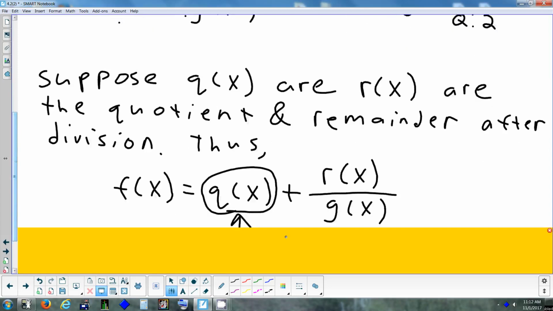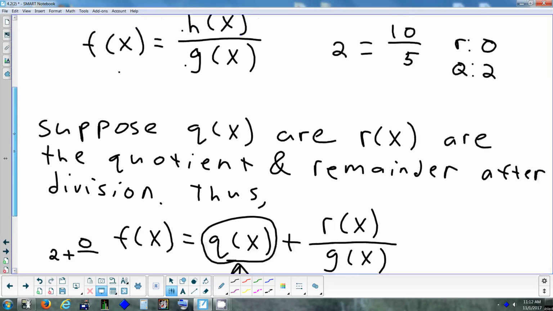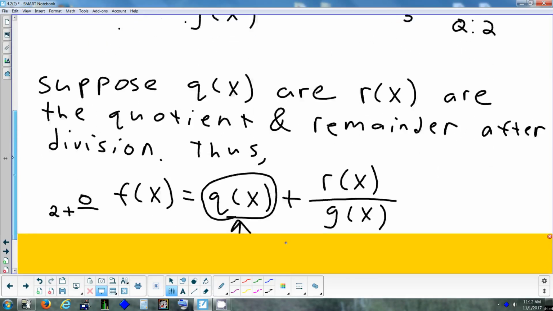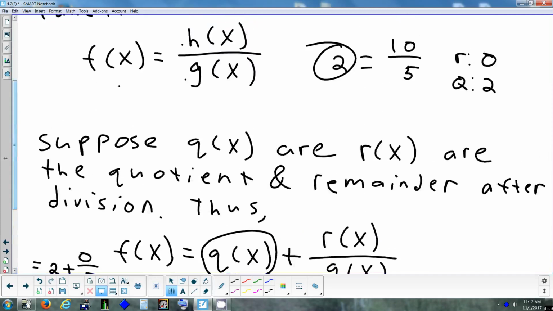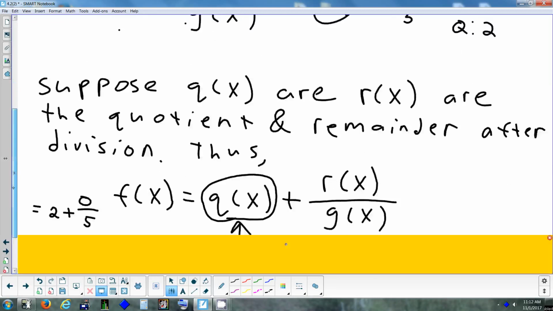So if I look at my quotient, which was, I'm just going to write it over here, 2, plus my remainder, in this case it was just a 0, over my divisor, which was 5, that should equal the original thing I started with, which was 2. Does that work? Yeah.